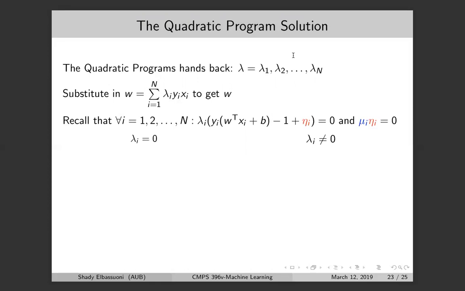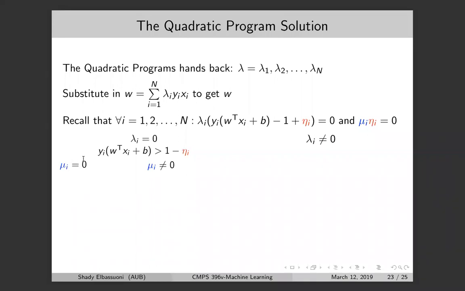Good. Fine. So before I had lambda I equal to 0, lambda I not equal to 0. If lambda I is equal to 0, I get that this second part would not be equal to 0. So I get yi w transpose xi plus b is greater than 1 minus eta I. And then I have 2 cases: either mu I is equal to 0 or mu I is not equal to 0.